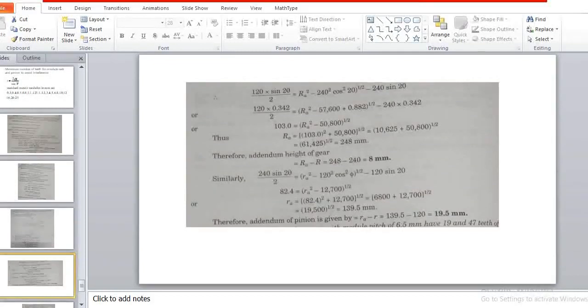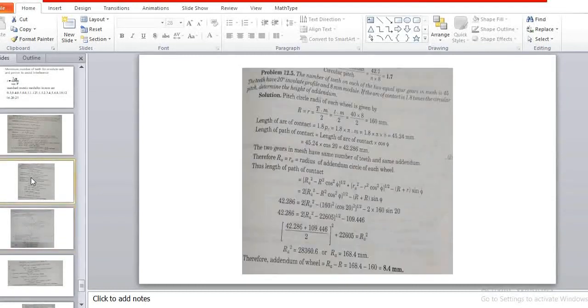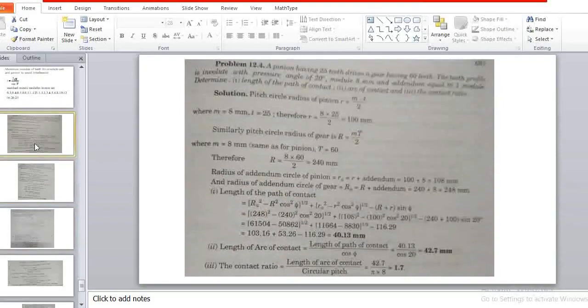So these examples are based on the addendum. Find the addendum of the gear and pinion by considering the path of contact, which is a combination of path of approach and path of recess. These examples are based on formulas related to the path of contact, arc of contact, and contact ratio.